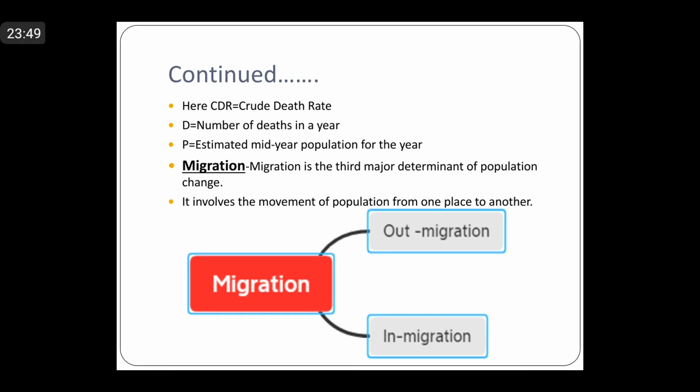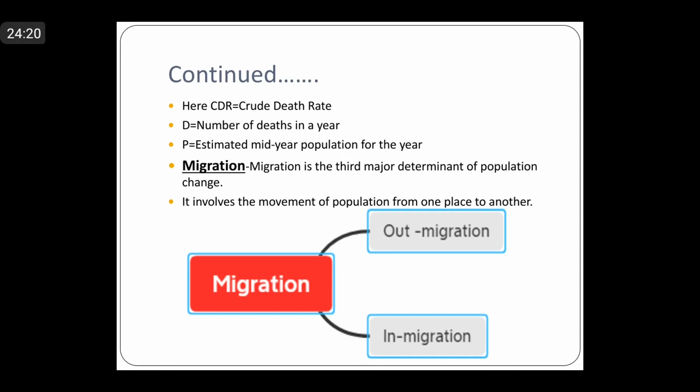The migration can be categorized as internal and international. In two ways it takes place, and it involves the movement of the people from one place to another, whether seasonally, permanently, or temporarily.